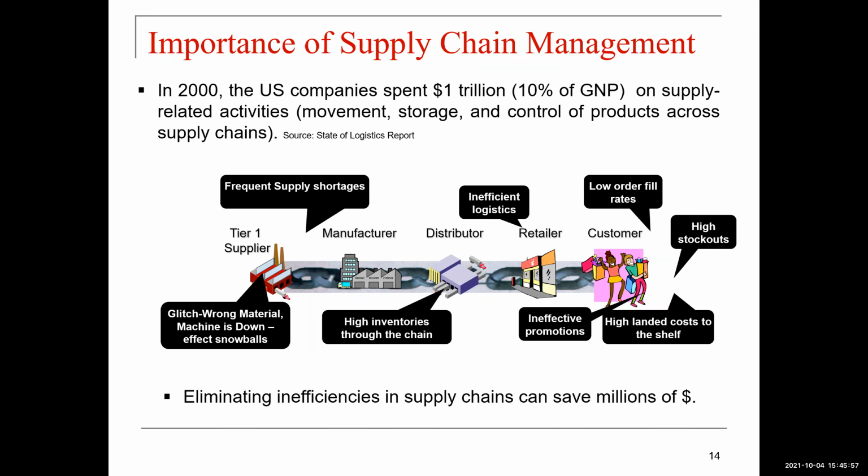So eliminating the inefficiencies in supply chains can save millions of dollars for the companies. And that's why a lot of companies are trying to come up with storage warehouses located in the right place so they can distribute to different places.